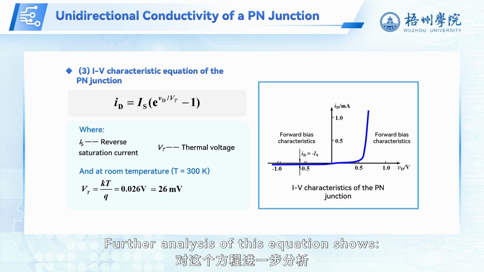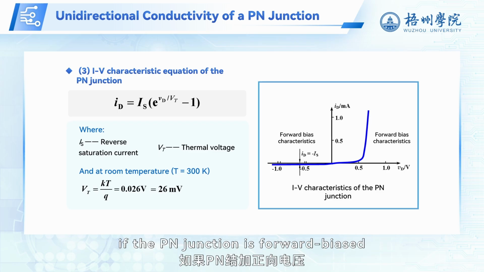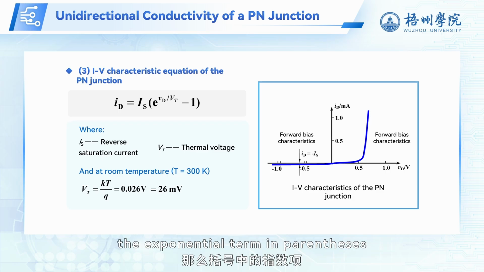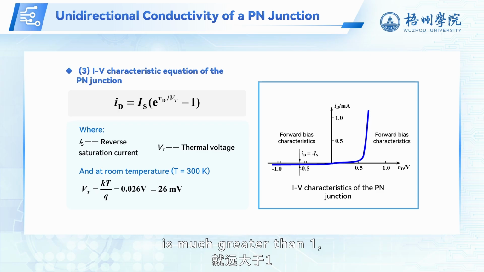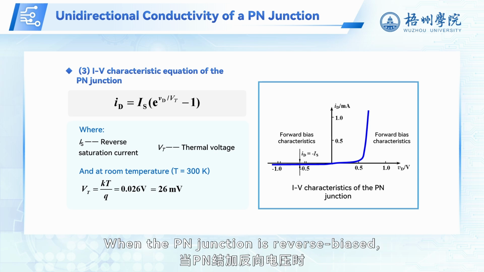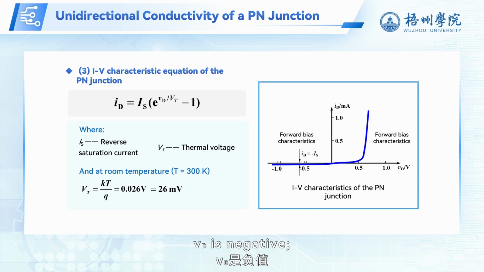Further analysis of this equation shows if the p-n junction is forward biased and Vd is several times larger than Vt, the exponential term in parentheses is much greater than 1, and ID increases exponentially with Vd. When the p-n junction is reverse biased, Vd is negative.